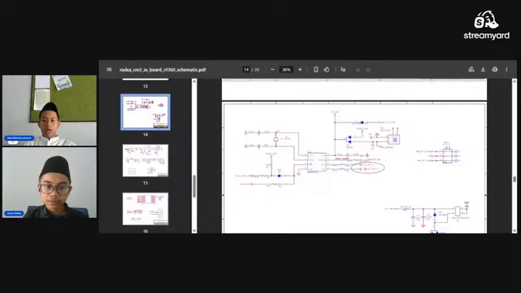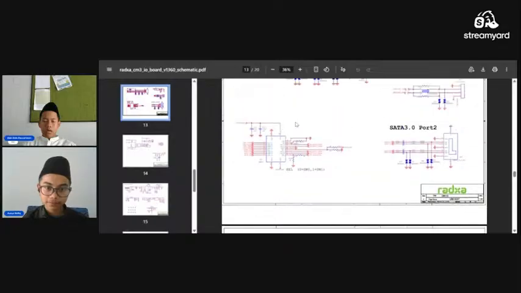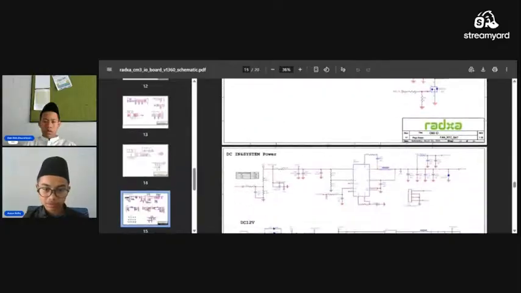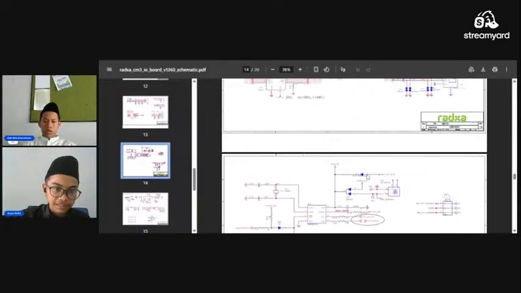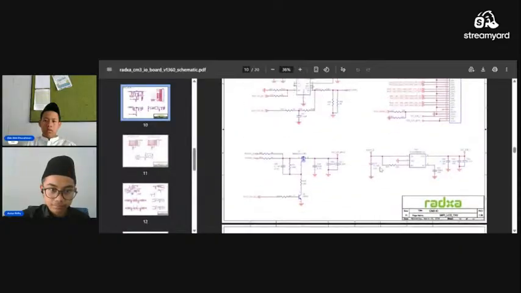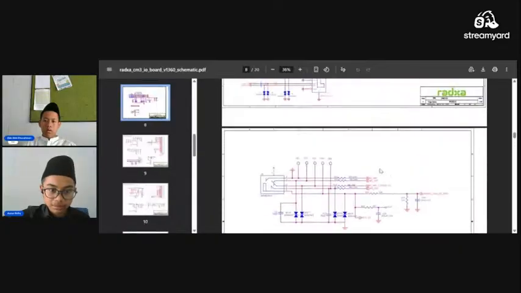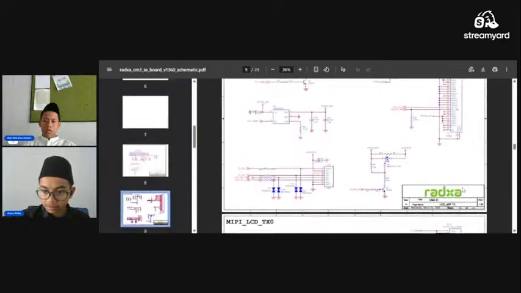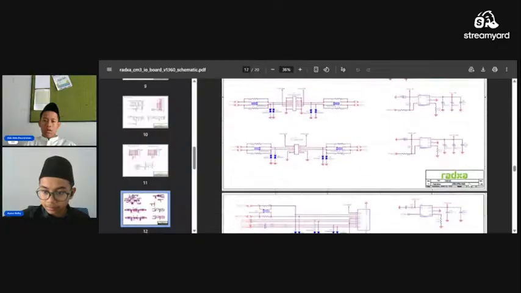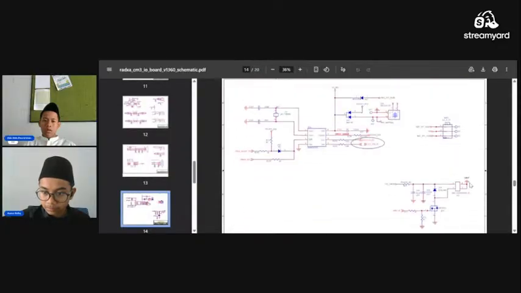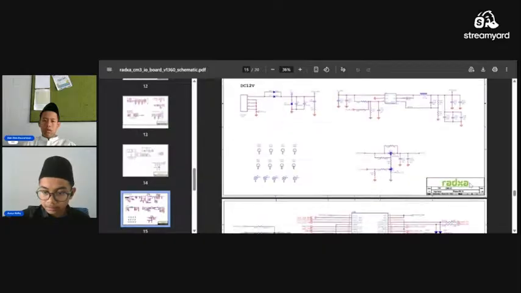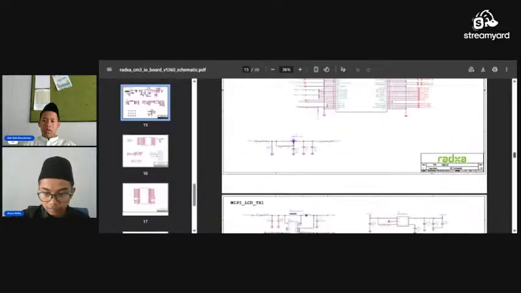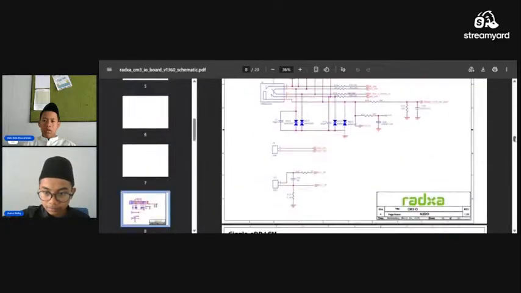Okay, and then there's something I forgot to explain, the PCIe. Basically, this is a high speed serial connector.